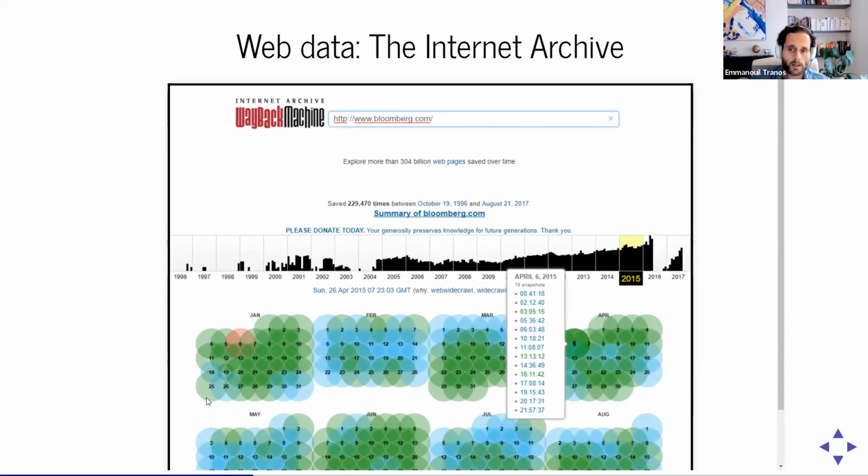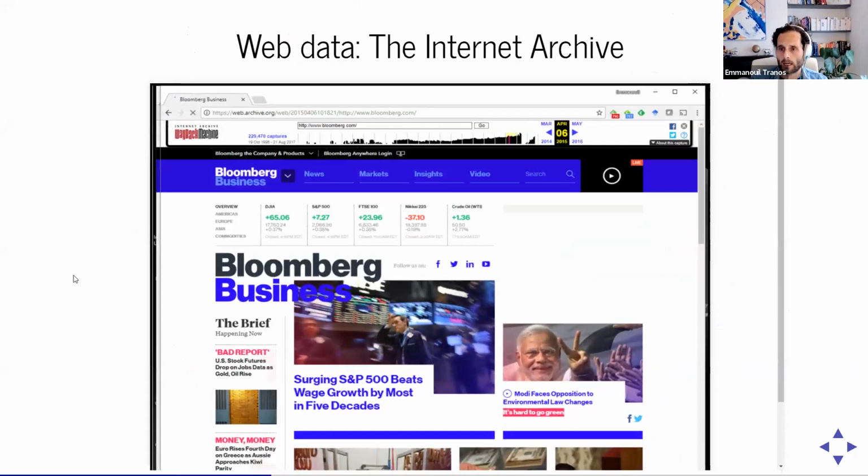This is the well-known Wayback Machine, and you can go to the website they have and try to find archived versions of different websites. This is an example of Bloomberg, which has been archived every day in 2015, multiple times per day. And this is how Bloomberg looked on a specific day in 2015.